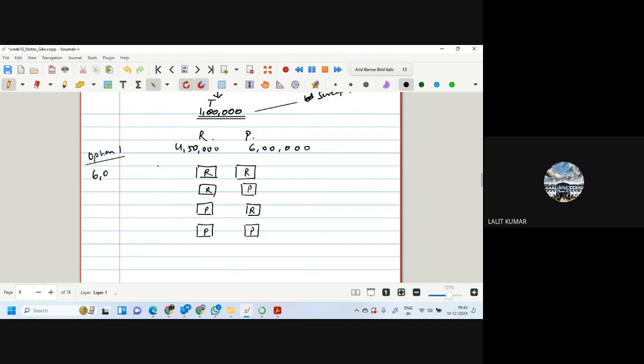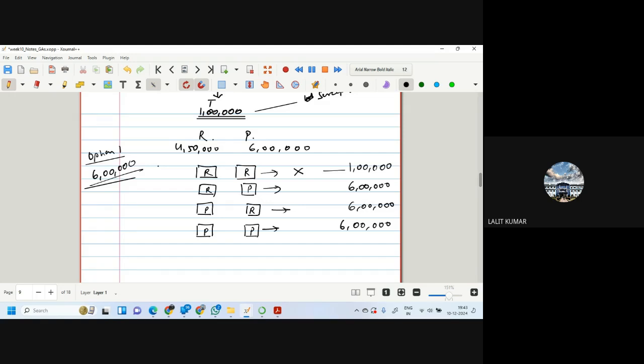The price she has quoted is 600,000. So in this case, it will not be sold. So its value remains 1 lakh. In this case, P will win, so the value is 6 lakh. In this case, P will win. He will take 6 lakh. In this case, P will win 6 lakh.